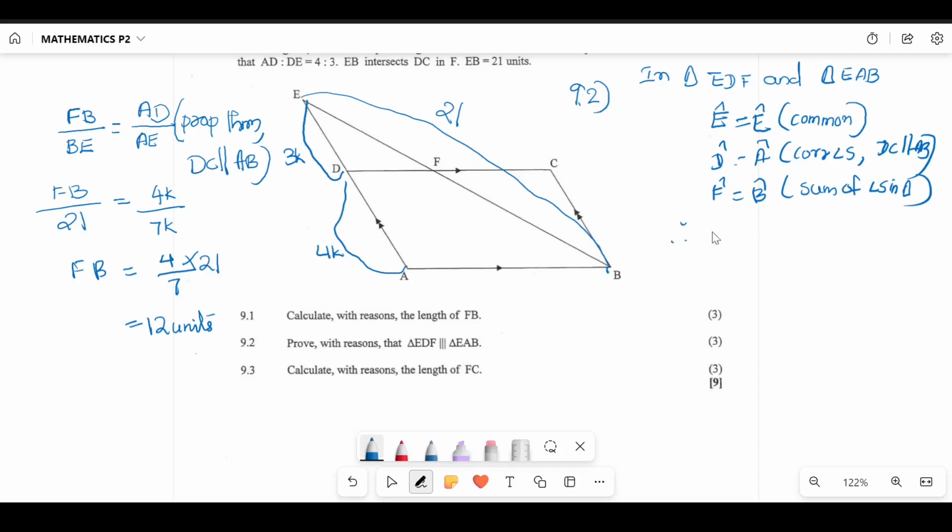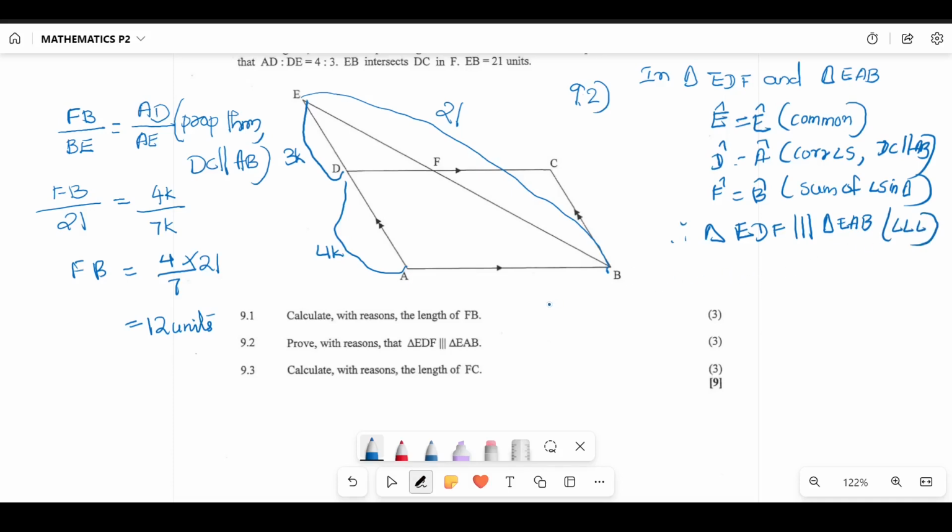Therefore, triangle EDF is now similar to triangle EAB, because all three angles are equal.